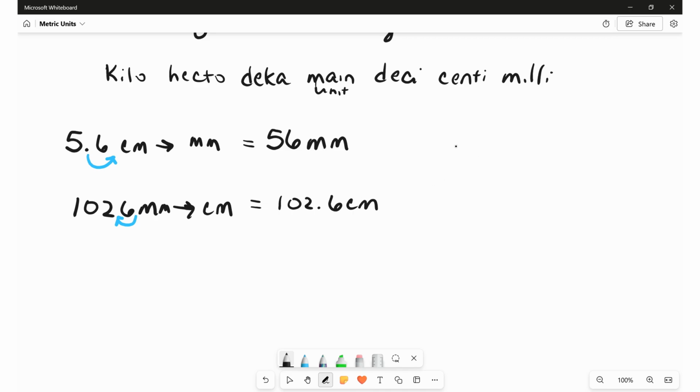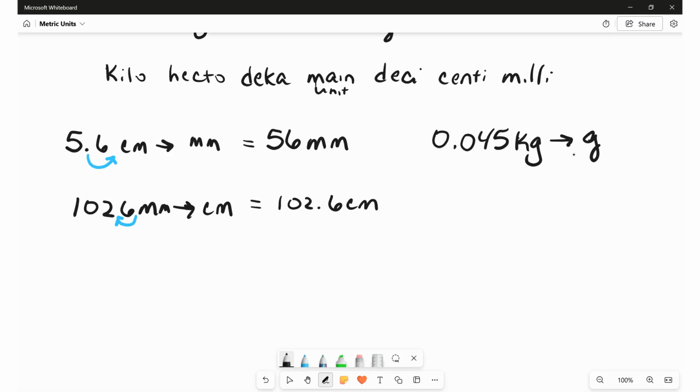Okay, so let's look at one more here. Let's say that we have 0.045 kilograms, and we want to convert that to grams. Now remember, that gram, that's the main unit. So first of all, think about it. Which way are we moving, right or left? If you said right, you're correct. To get from kilo to the main unit, we are moving to the right. Now, how many spaces?